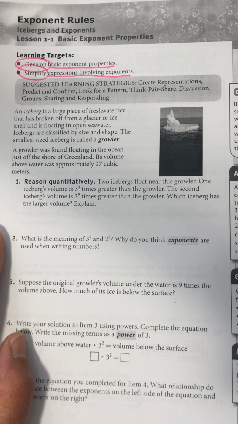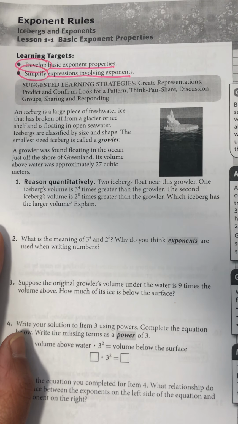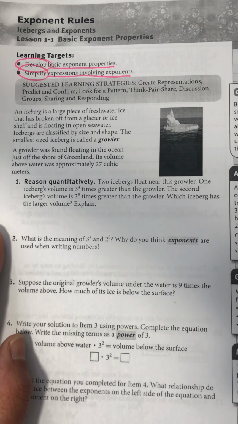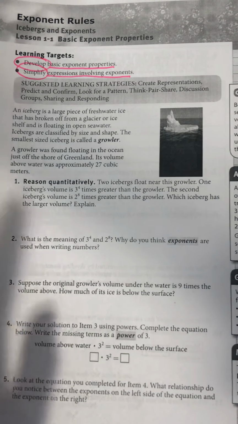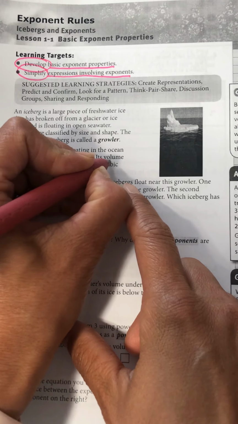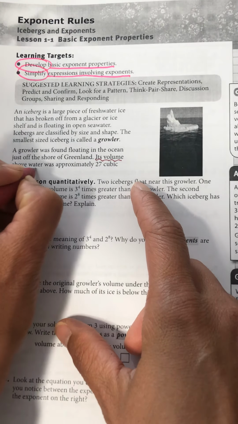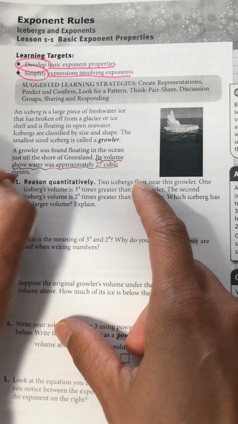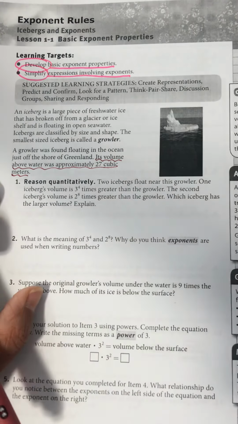A growler was found floating in the ocean just off the shore of Greenland. Its volume above water was approximately 27 cubic meters. Okay, that's actually really big. That's some information about this. It's something mathematical, so I want to squiggly underline that. It seems like we might be using that later on.